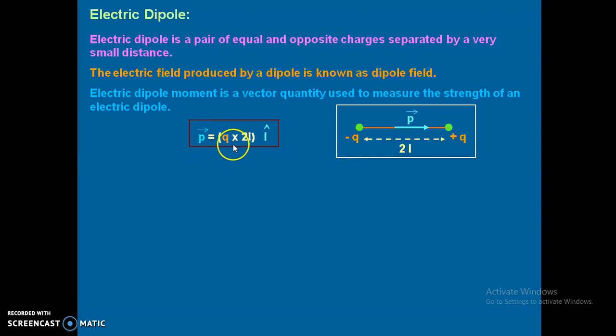The i cap makes it a vector term, right? So electric dipole moment is the product of the magnitude of either of the charges and the distance between the two charges, right? Since the magnitudes of these two charges are the same, we take the magnitude of either charge and the distance between them, and when we multiply them, we obtain the electric dipole moment.